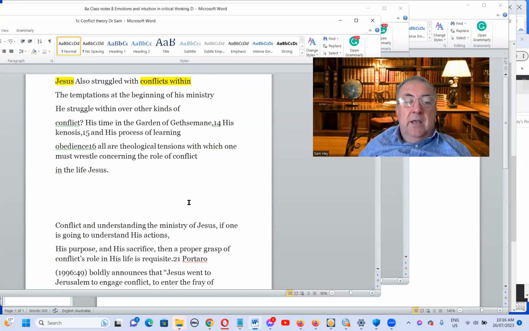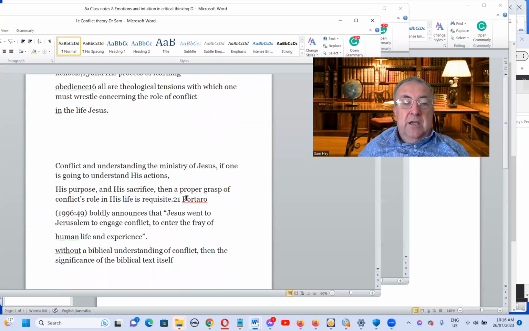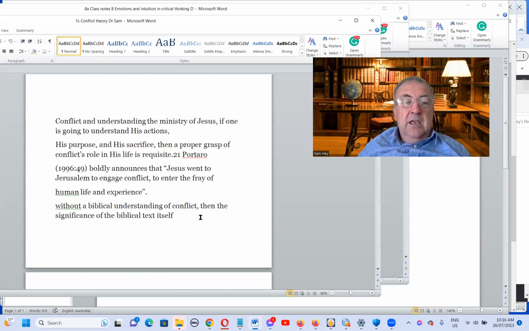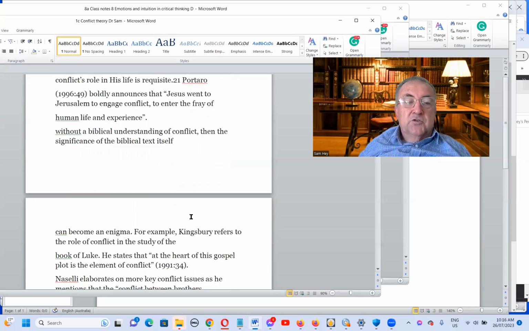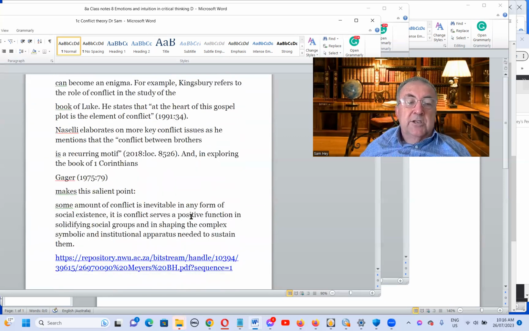What does the cross mean? Is one willing to continue to be a servant, to face the challenge, even death on the cross, giving up self focus and bring salvation to others and to the world. So conflict and understanding are important as we understand the ministry of Jesus and the way he brings his good purposes to our world.